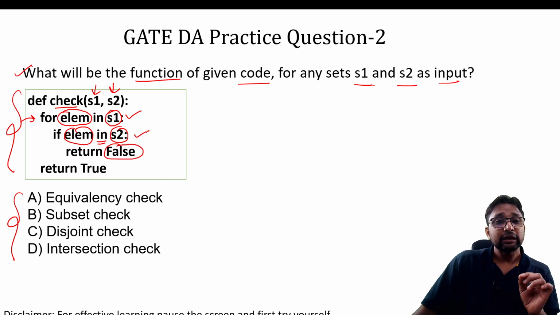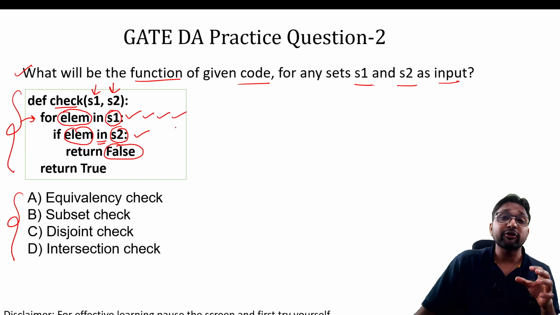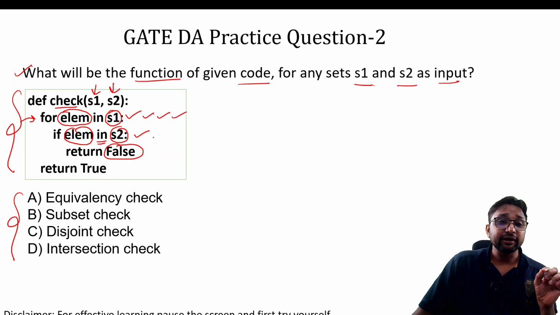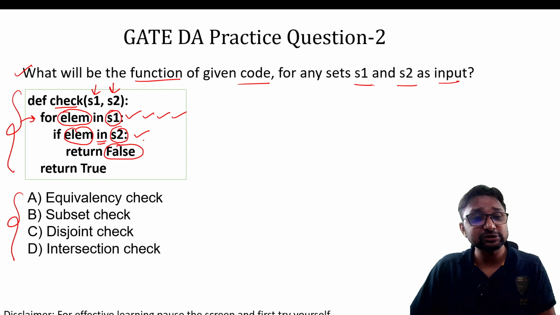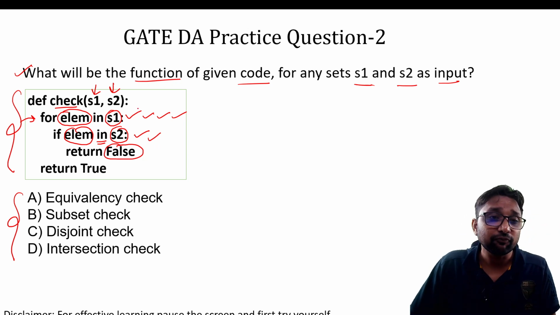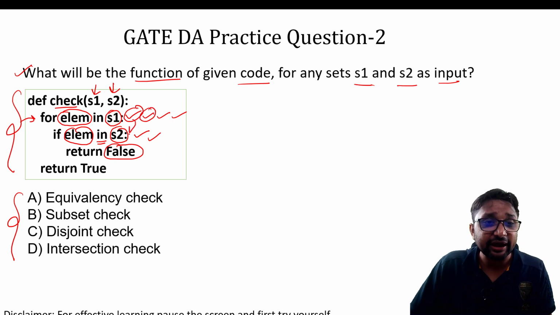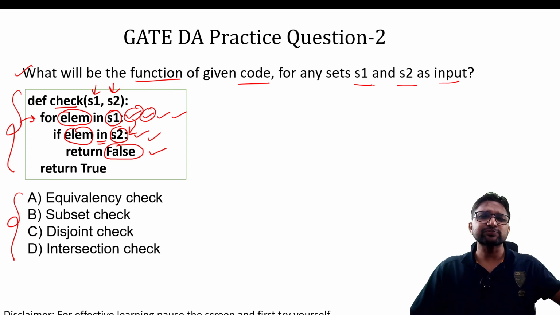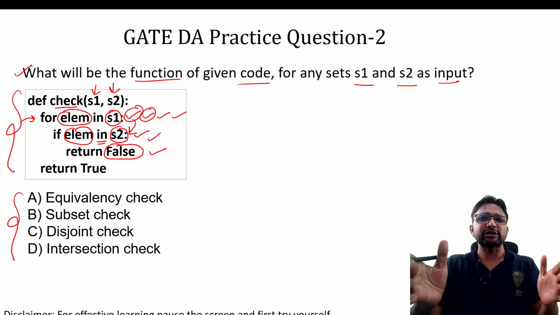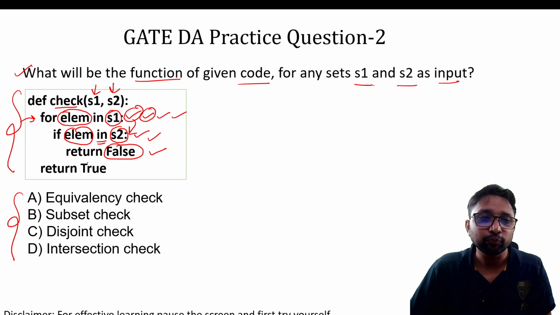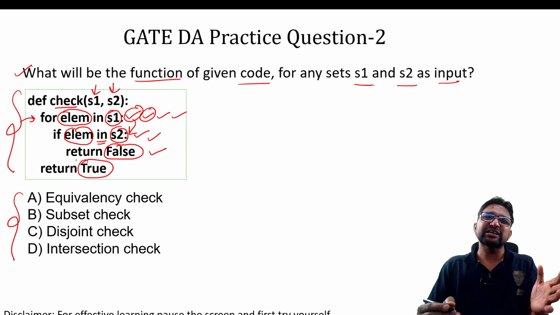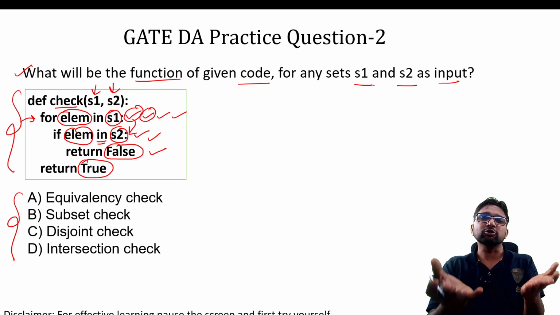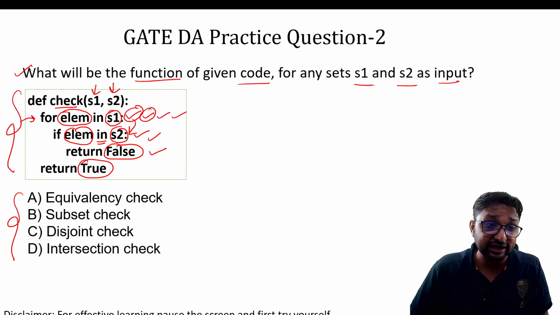So what we are doing over here is picking one by one all the elements from S1 and checking if even a single element is present in S2. Whatever element we pick from S1, if that matches in S2, we will return false. If nothing is matching between the S1 and S2 sets, then we will return true. So if nothing is matching between set 1 and set 2, then those sets are disjoint sets.